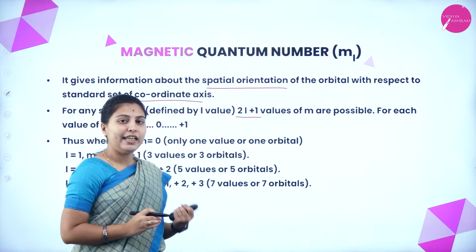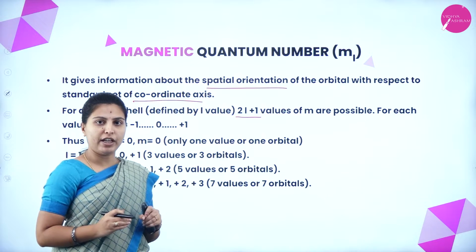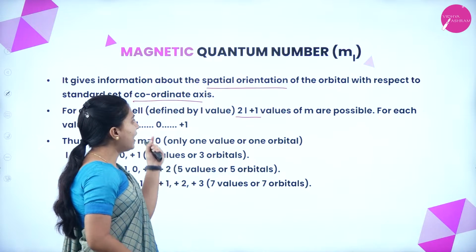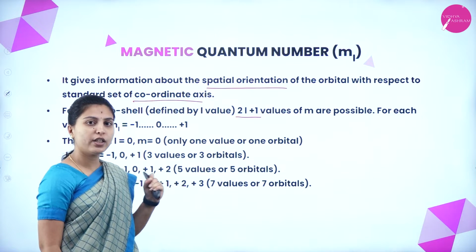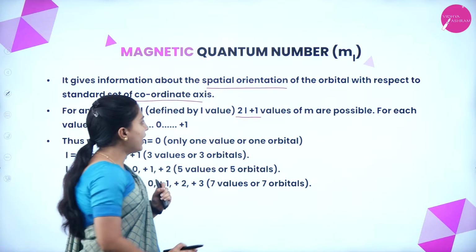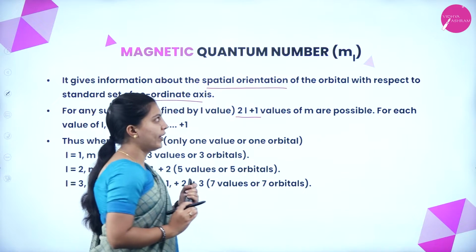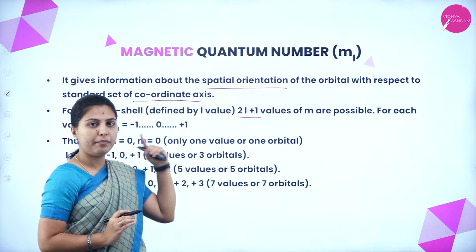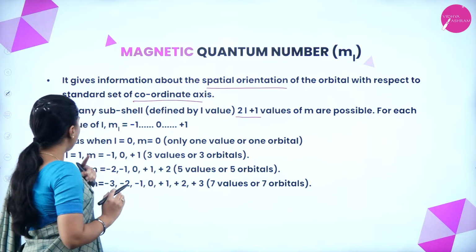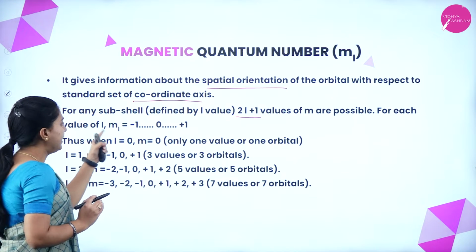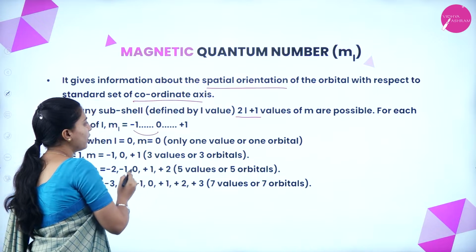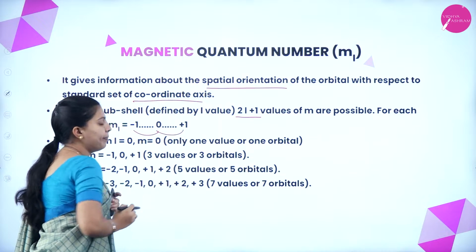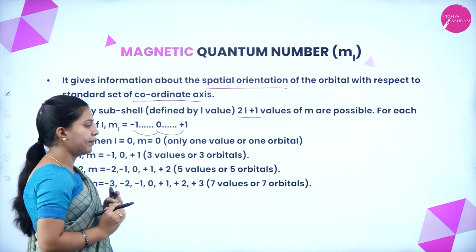For a given l value, we represent the ml value, and here we use 2l plus 1 for calculating the magnetic quantum number. For each value of l, ml ranges from minus l to 0 to plus l.